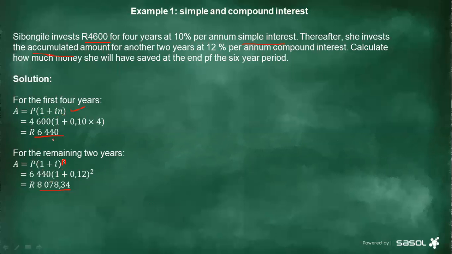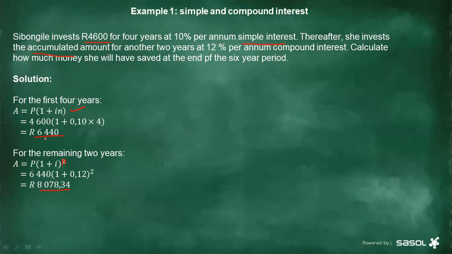Now, remember we said that from the scenario, this person continued investing the amount of money which was accumulated, meaning the money we received after 4 years using the simple interest, which was 6,440.